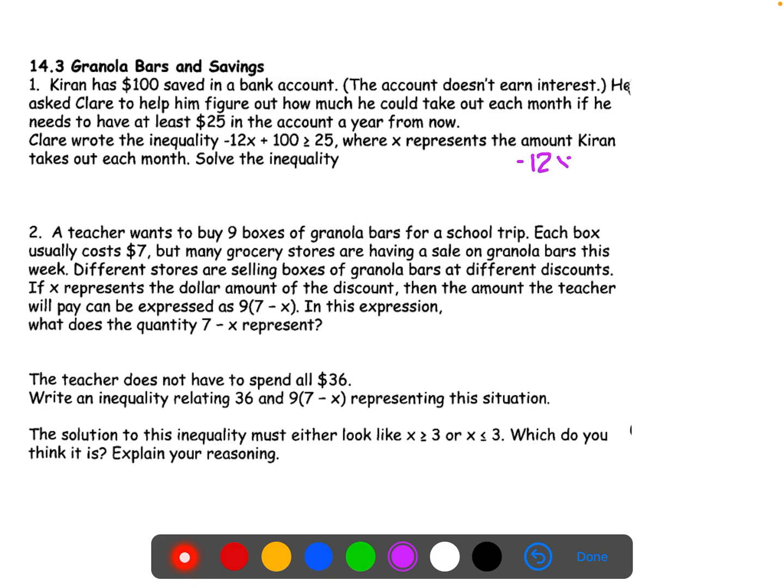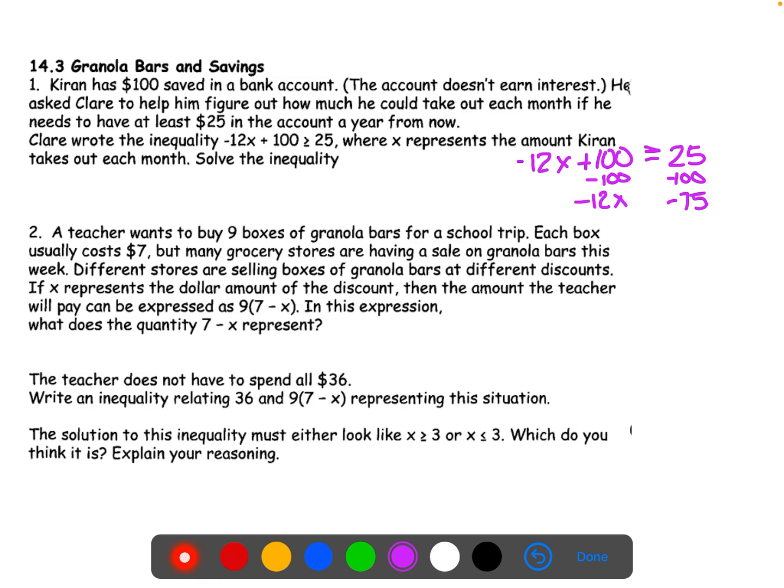So negative 12x plus 100. I'm going to keep my inequality symbol because I don't want to forget about it, but I'm going to think of it as an equal sign and think of this as an equation. So I'm going to do the inverse. I'm going to subtract 100 from both sides. That's going to leave me with negative 12x and negative 75.